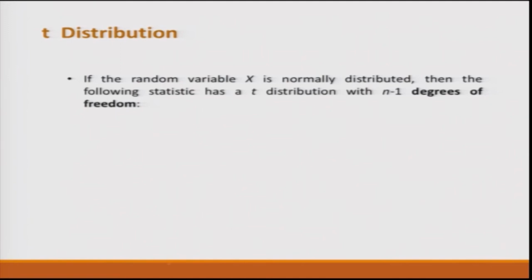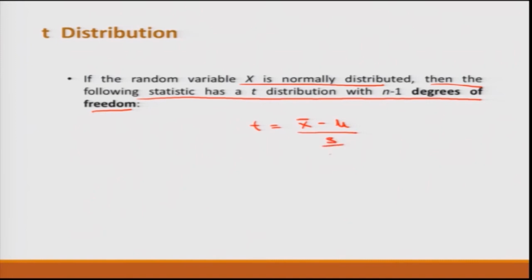If random variable x is normally distributed, then the following statistic has t distribution with n minus 1 degrees of freedom, where t is calculated as x bar, that is for the sample, minus mu, that is for the population, divided by the standard deviation.